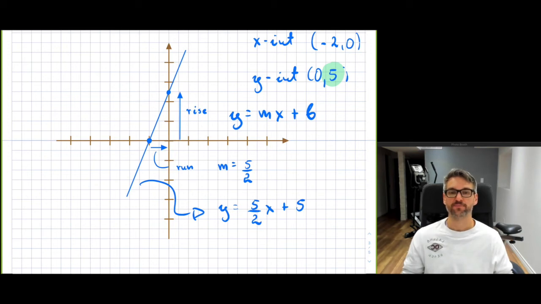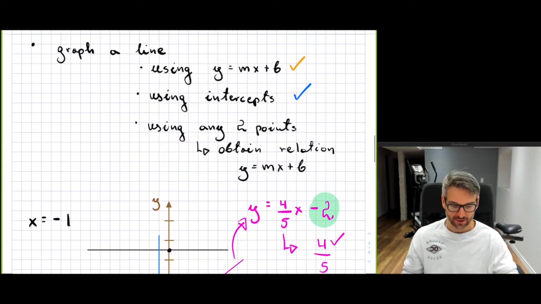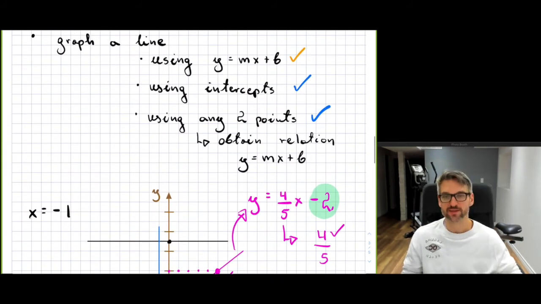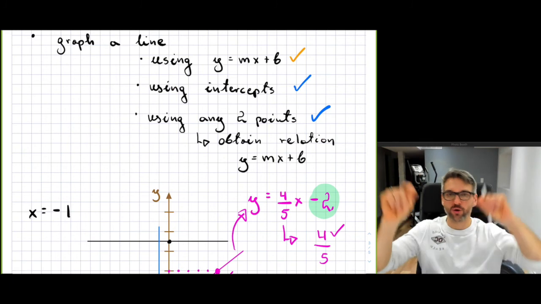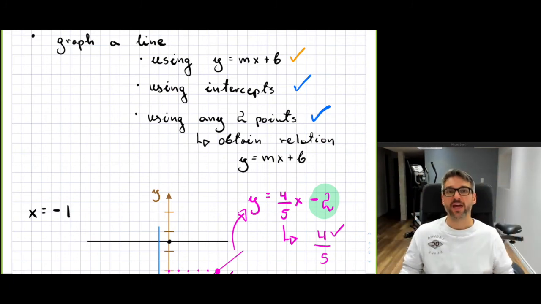Now, the last thing that can happen is, what if somebody gives you 2 points? This process is identical. It's exactly the same as with the x and the y-intercept because those are 2 points. So if someone gives you 2 arbitrary points somewhere, then you definitely can plot the line.